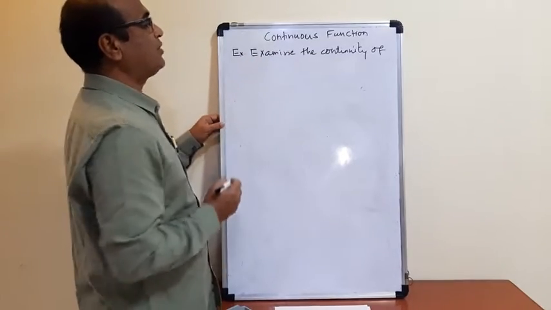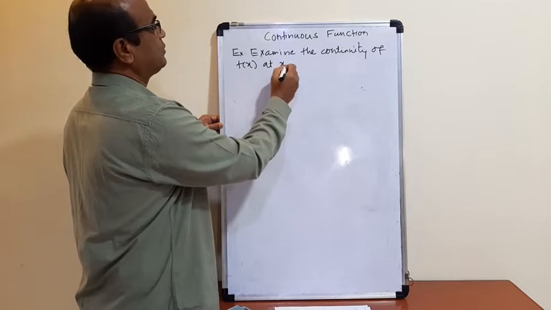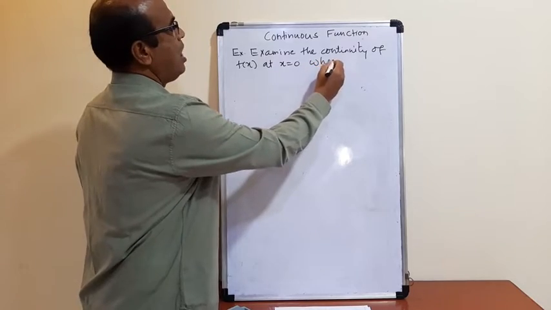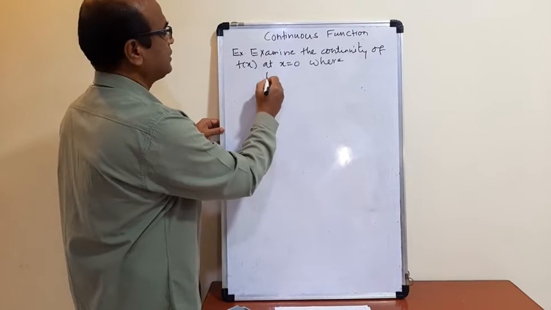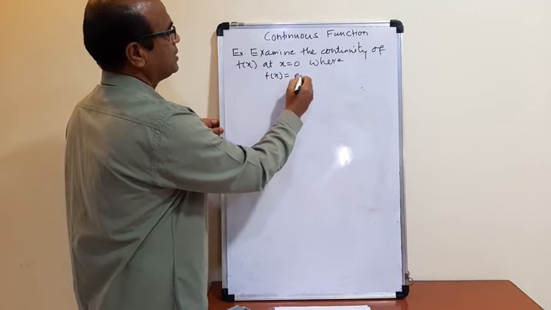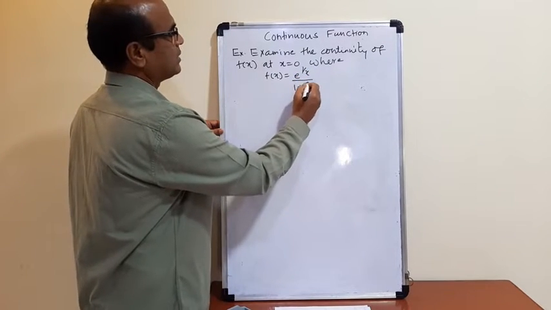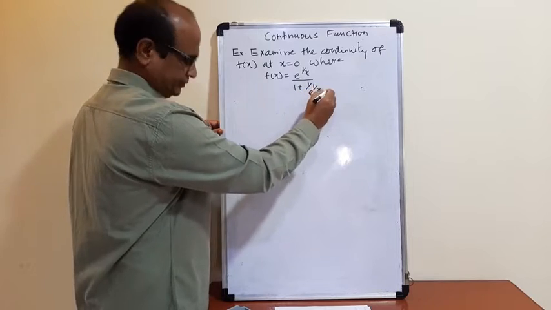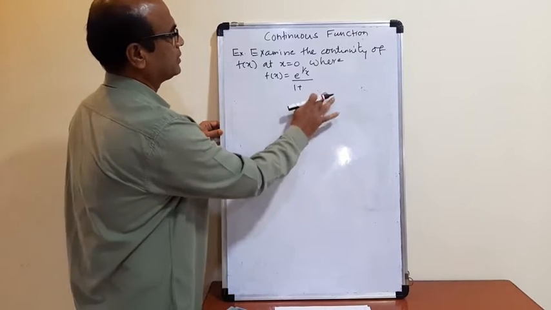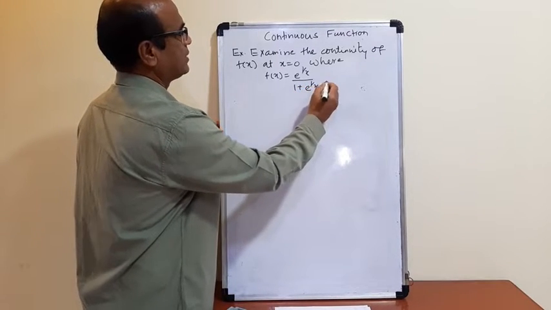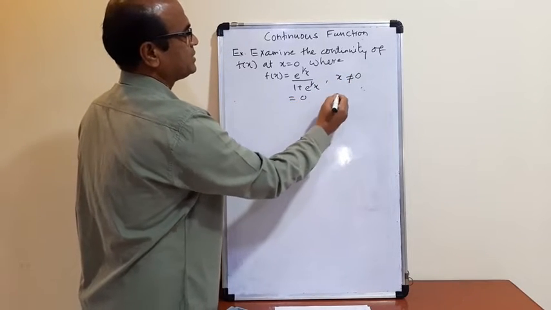Examine the continuity of f(x) at x equal to 0, where f(x) is equal to e raised to 1/x divided by 1 plus e raised to 1/x when x is not equal to 0, otherwise 0 when x is equal to 0.